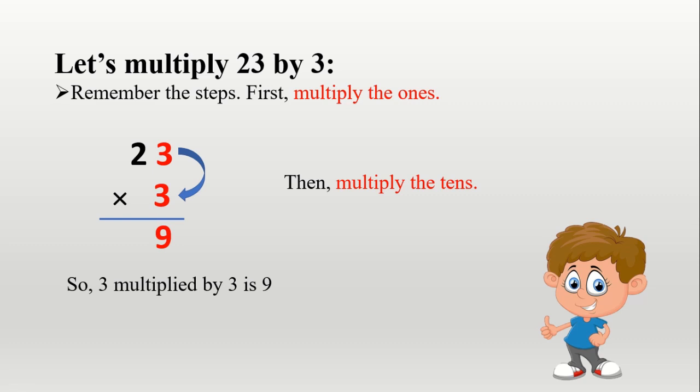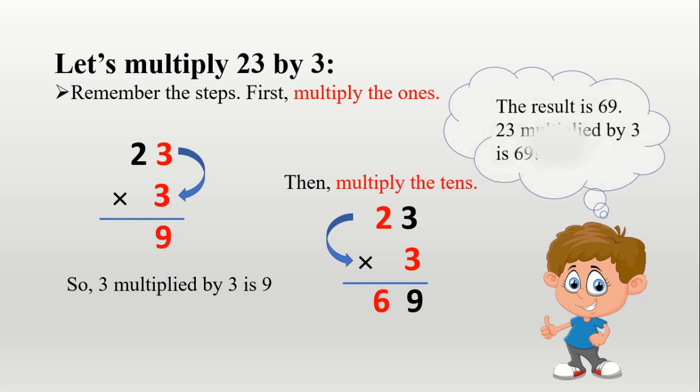Very good. And we write the result under the tens place value. When we multiply 2 by 3, it gives us 6. So the answer is 69. When we multiply 23 by 3, it gives us 69.